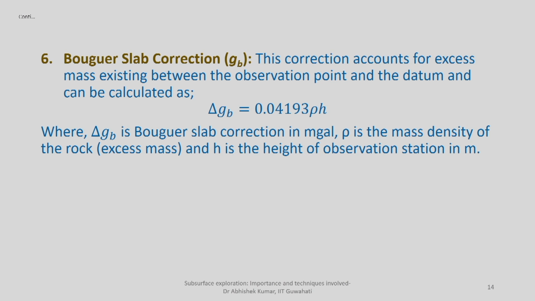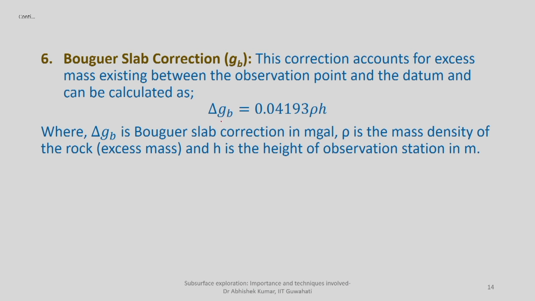So you consider, between the bedrock and your top surface medium, some additional deposit, if it is available, in terms of a slab, which induces a pull depending on its density. If its density is higher than the surrounding medium, the correction will be negative; if it is lesser, you apply the correction accordingly. This correction can be given as delta GB, because you are interested in relative gravity with respect to the observation point.